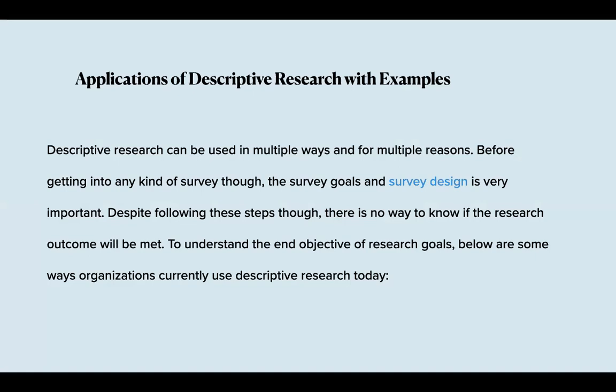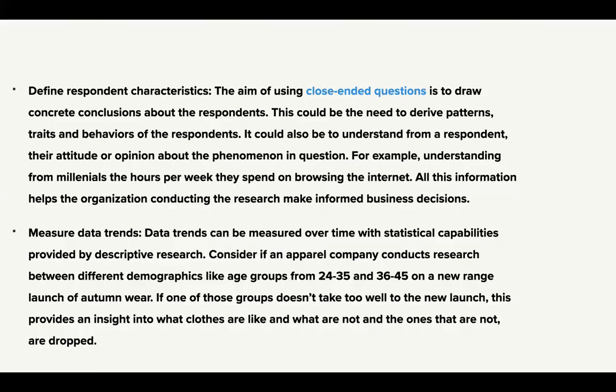To understand the end objectives and research goals, below are some ways organizations currently use descriptive research today. The first one is to define respondent characteristics. The aim of using closed-ended questionnaires is to draw concentrated conclusions about the respondents. This could be the need to derive patterns, traits, and behaviors of the respondents.